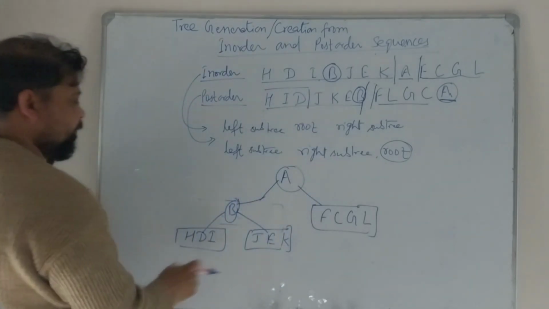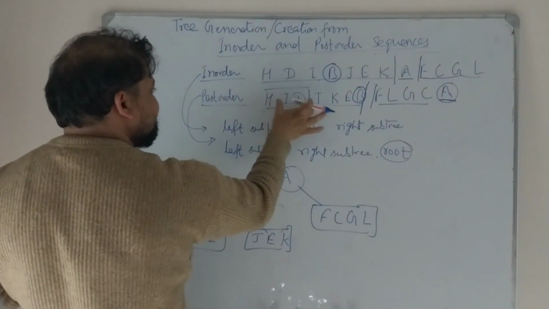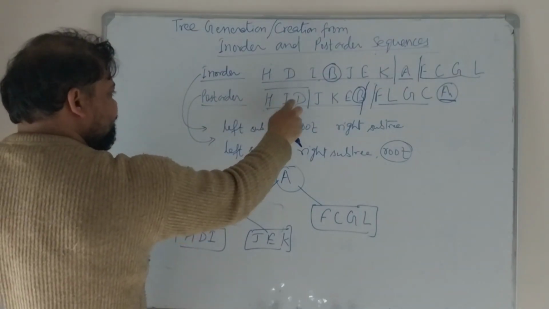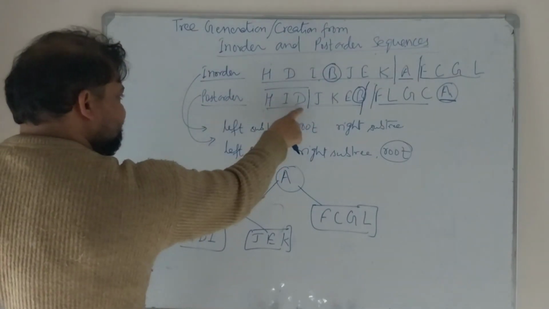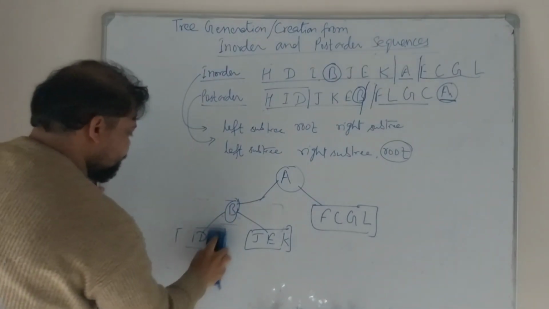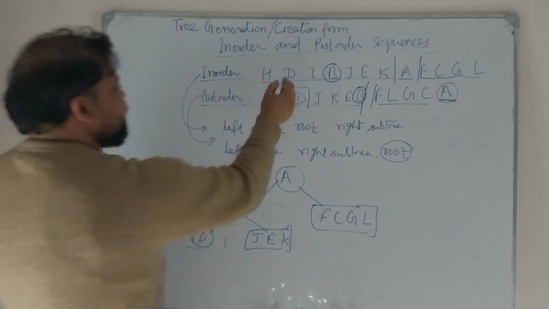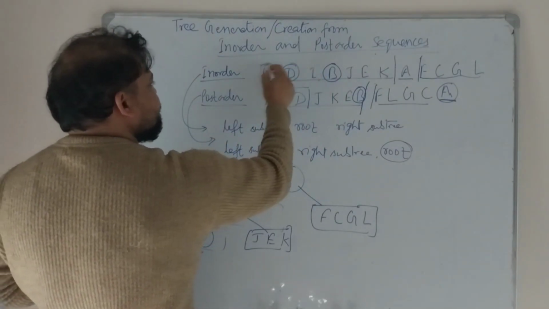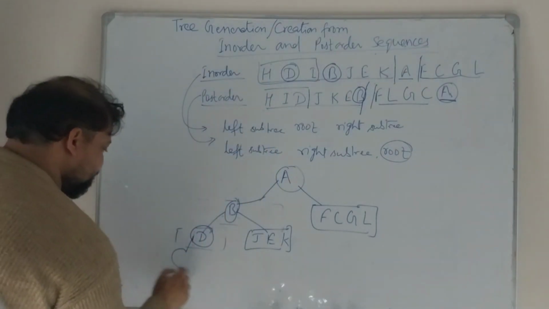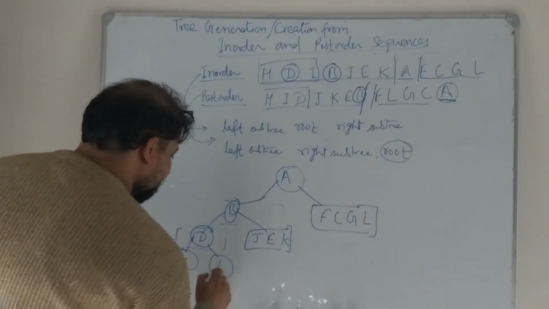Now once again I'll split further for the subsequence H D I and H I D. Here in this sequence D is the root because it is last in the post-order. So I'll take D as the root and find its position. In this subsequence you can see H is on the left, so H will be there, and I is on the right side, so I will be there.